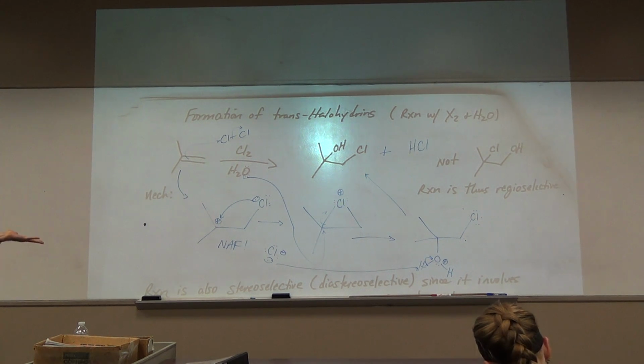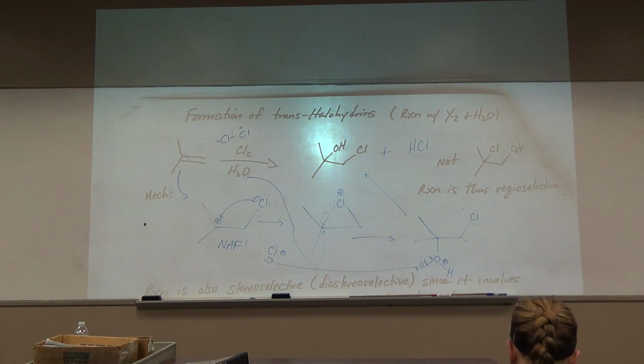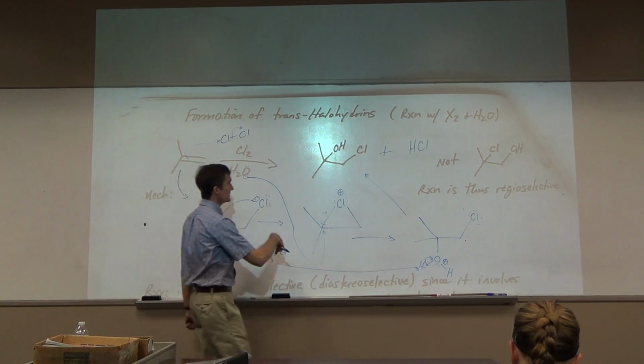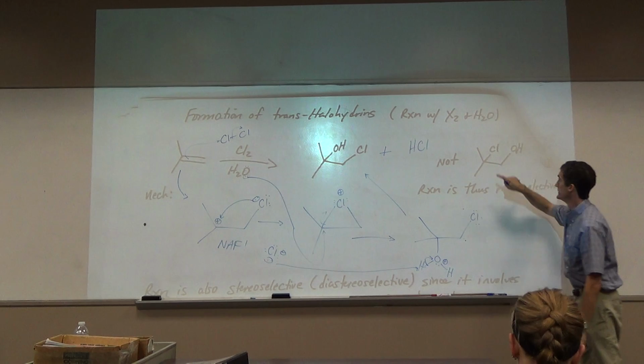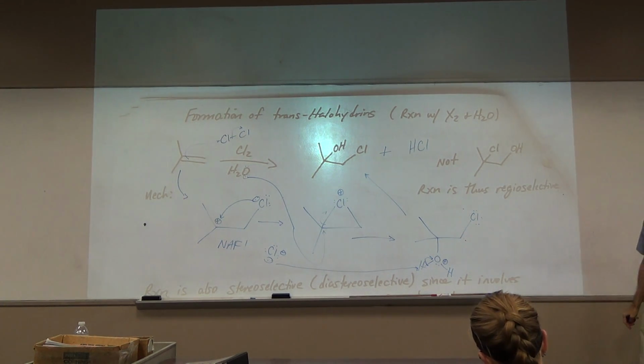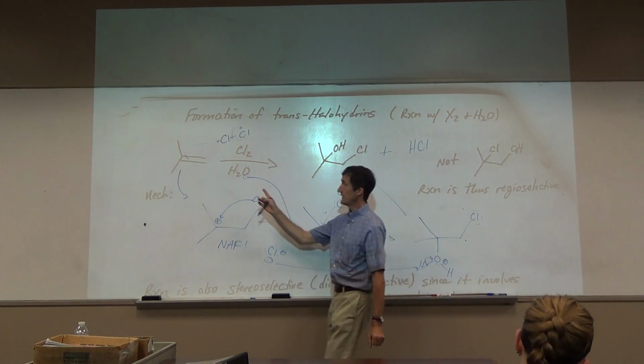You don't have to memorize that, it's just there. HCl is a byproduct there, a small molecule byproduct. And we know that this mechanism is going to get the chlorine here, not here. We would not get this. Unless you want to start by putting the cation on the right.